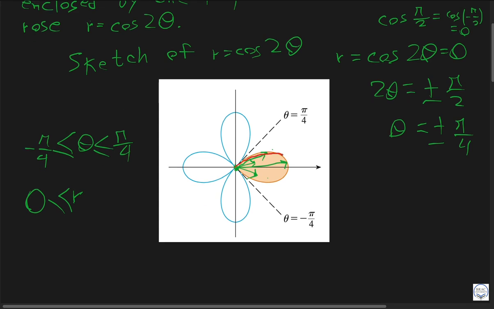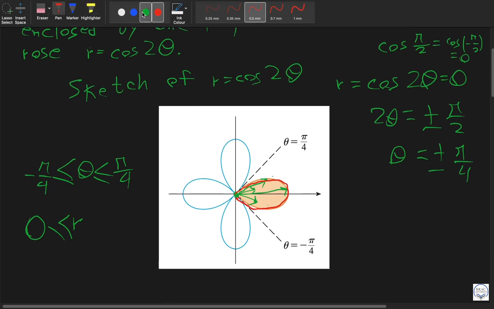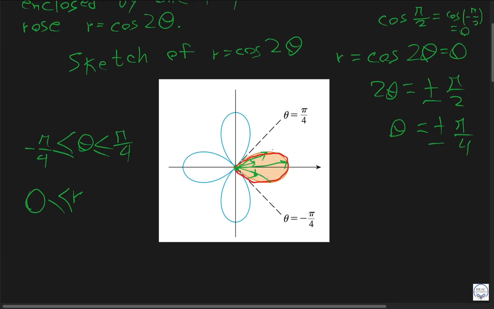This means our r has an upper bound, which is just this leaf, this function which describes this leaf, and we know that this bound must then be r equals cos 2 theta.